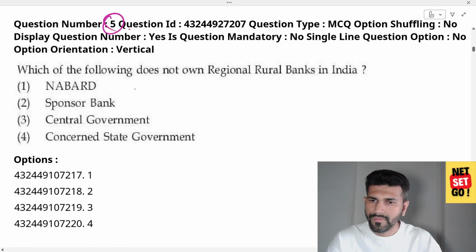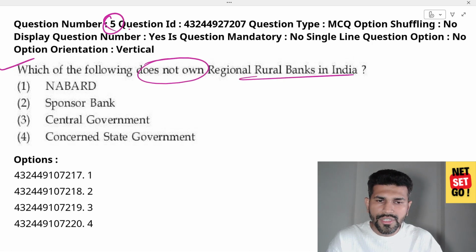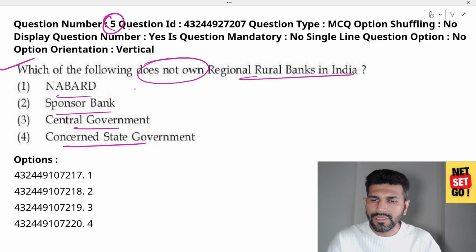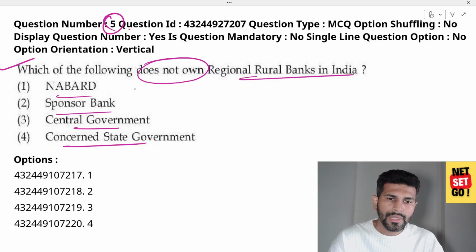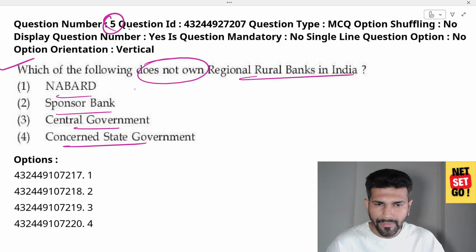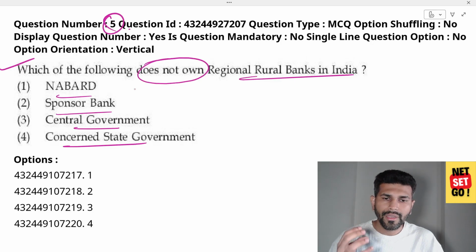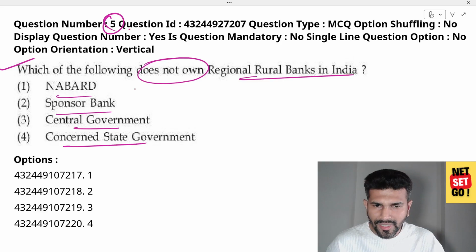Next, question number 5. Which of the following does not own regional rural banks in India? NABARD, sponsored bank, central bank, or concerned state government? The capital of regional rural banks, RRB, in India is contributed by 3 agencies: central government, state government, and sponsored bank.